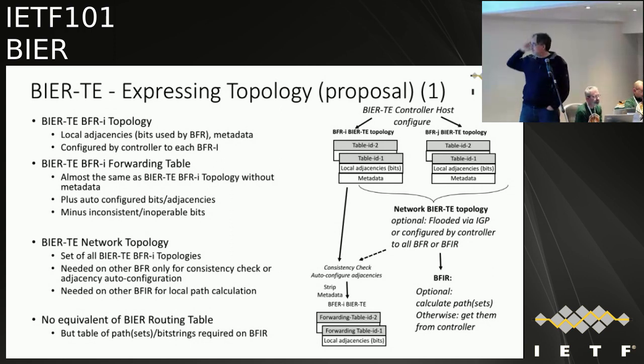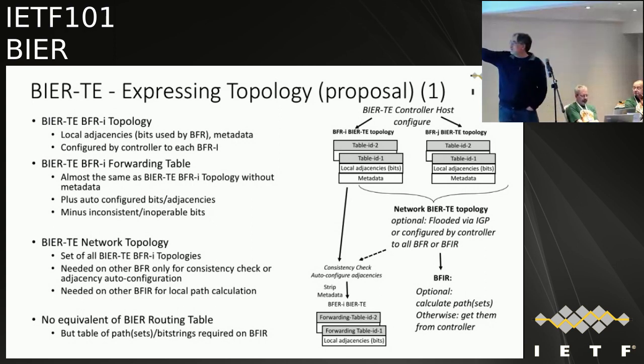So this is the equivalent in BRTE, and the big difference, of course, is we're not doing shortest path calculations, so the whole routing table level goes away. Instead, per node we have exactly the local adjacencies, all the bits that are directly adjacent to a node, given bits for every node. That would come down from the controller, being configured on every individual node, and then we could flood this in the IGP, and the BFIR could calculate paths through it. We can also flood it through the topology, and then from your own configuration and the known topology, we can do consistency checks.